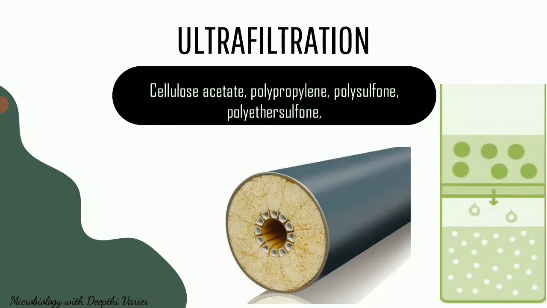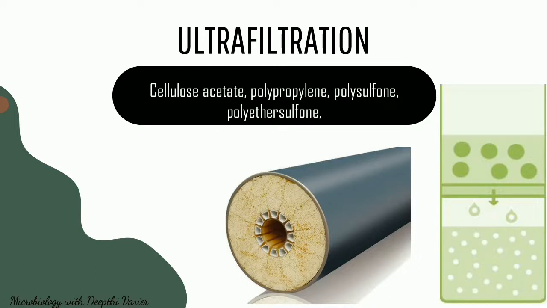Usually the filters which are used are made of cellulose acetate or polypropylene, polysulfone, polyether sulfone. These are the different materials, or colloidal membranes, which are used for making the filter that has to be used for viral separation. Now, in ultrafiltration, we can even use pressure-driven membrane filtration.